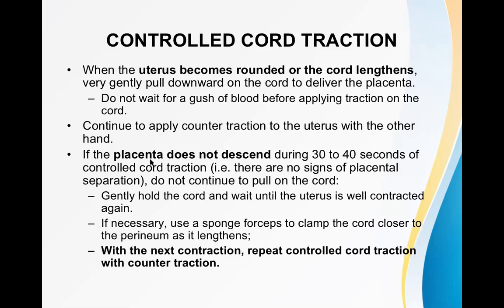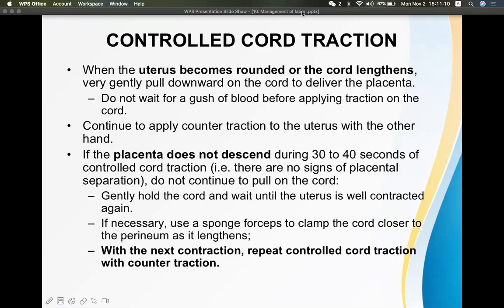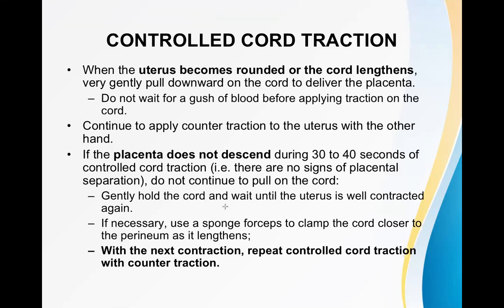And one more important practical piece of information here is, if the placenta doesn't descend during 30 to 40 seconds of controlled contraction, or in other words, there are no signs of placental separation, do not continue to pull on the cord blindly. Do not only pull on the cord. See this. Now, you need to be careful here.